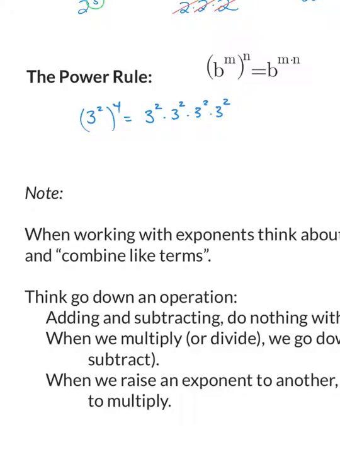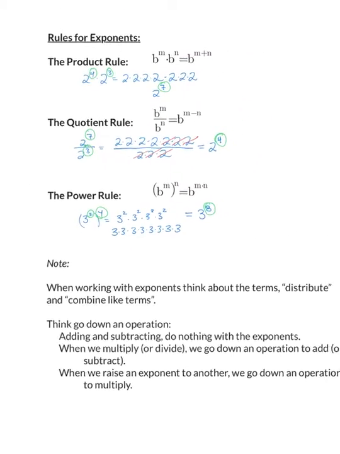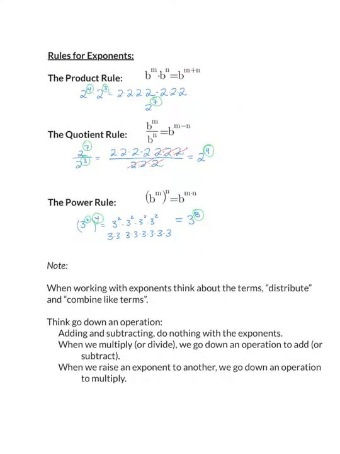There's 4 of them. And each one of these is a 3 times 3. So how many do we have? Well, we have a total of 8 now. So where did that 8 come from? That 8 came from multiplying 2 times 4. So those are your basic rules that we're going to be working with.